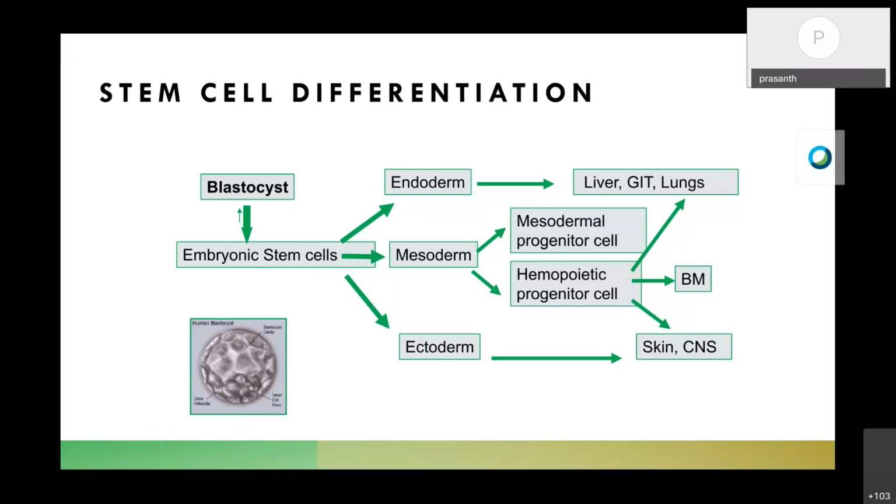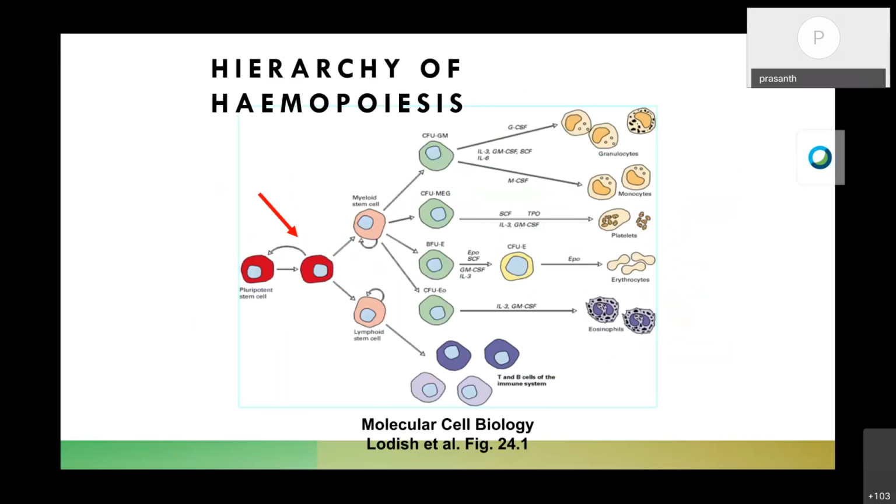You might have heard of stem cell therapy for cardiac problems, ischemic heart disease, even for paraparesis and spinal cord dysfunction. There is a lot of research happening on the use of stem cells in these situations. However, currently all of them are in the experimental domain, and hematopoietic stem cell transplantation, as I'm going to discuss, is the current standard indication for stem cell therapy.